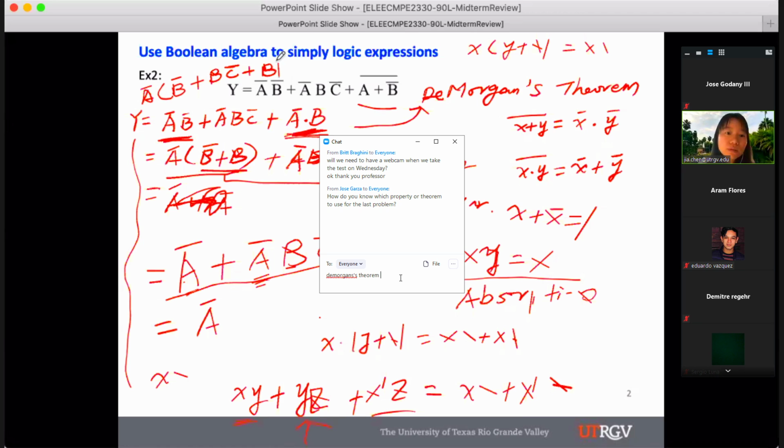Then you can see b times b NOT is 1. Then 1 plus anything equals 1. So the thing inside of parentheses is 1. Then a NOT times 1 equals a NOT. So you can also reach the answer there.